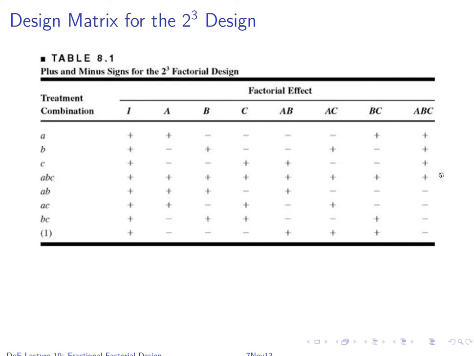So that's the case where A is high and B, C are low, A is low, B high, C low, A low, B low, C high, and A, B, C are all high. So those are the 4 experimental runs in the 1/2 fraction of the 2 to 3 full factorial design.